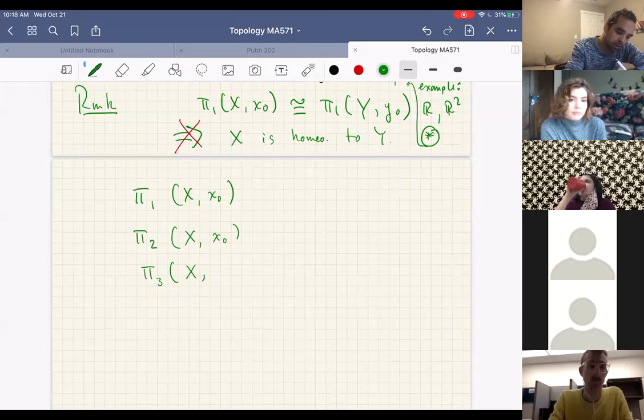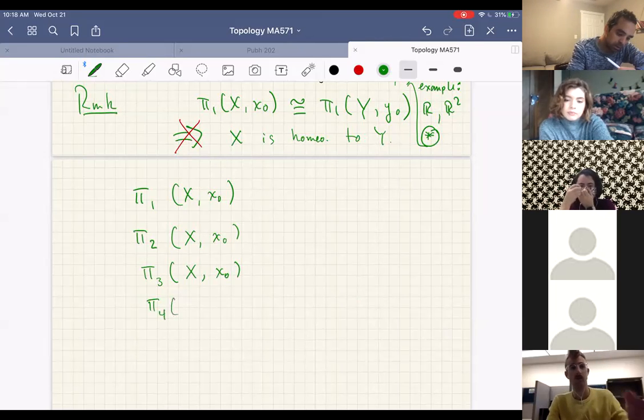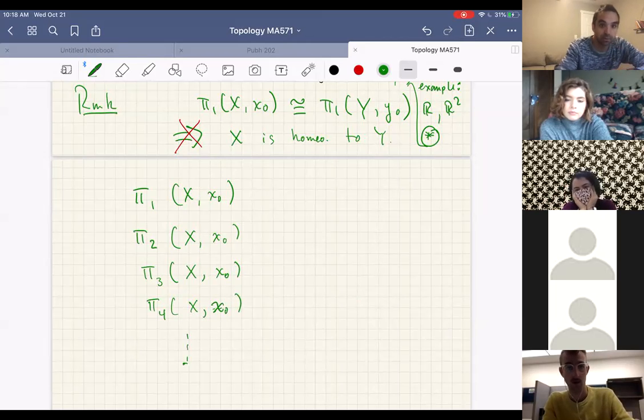So for every non-negative number, you can associate a group to a space defined in a similar way.